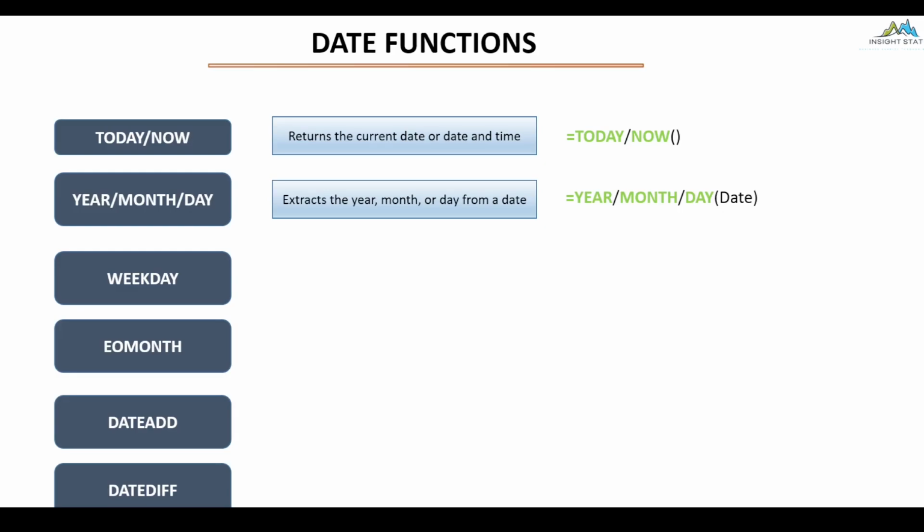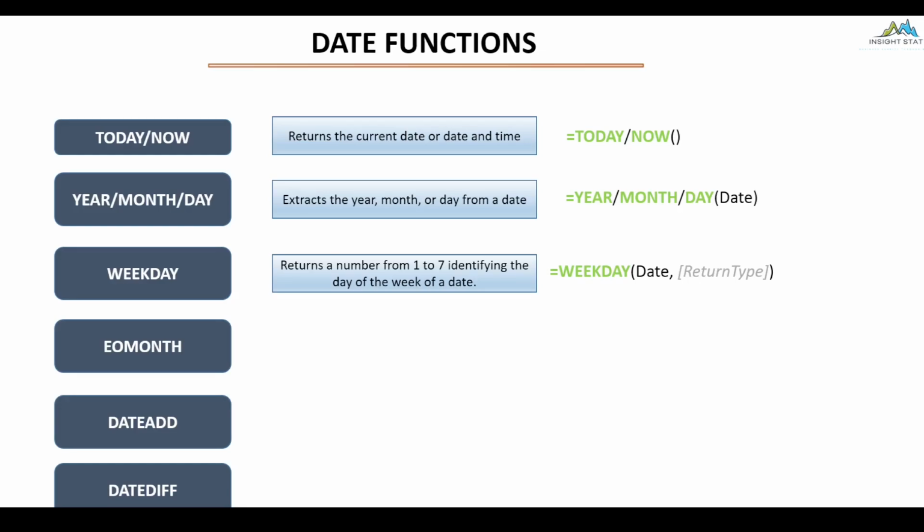Okay. Next is weekday. So what does weekday do? It returns a number from 1 to 7 identifying the day of the week of a date. Something very similar which we have done in the past, right? We tried and extracted the weekday for a given date. This is exactly the same.